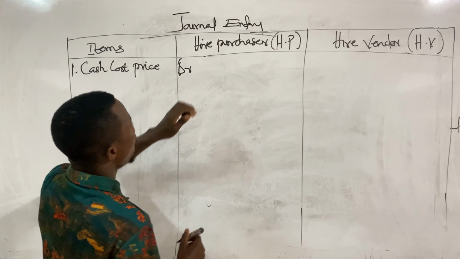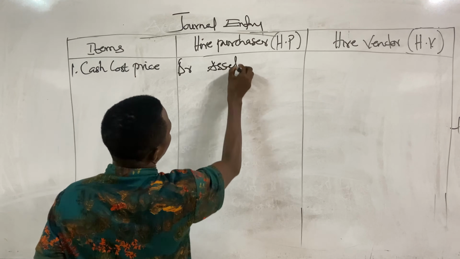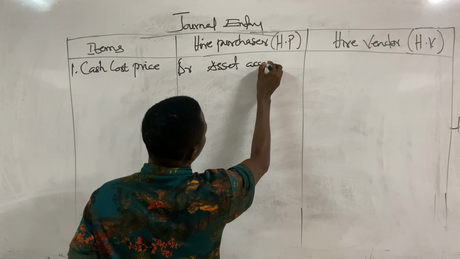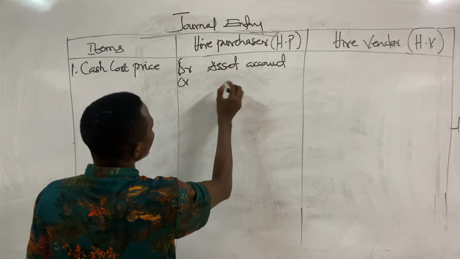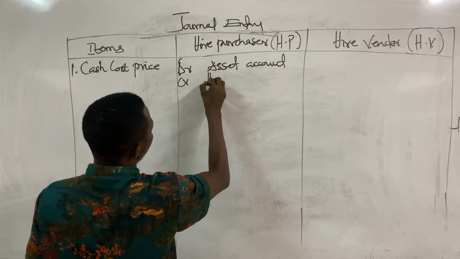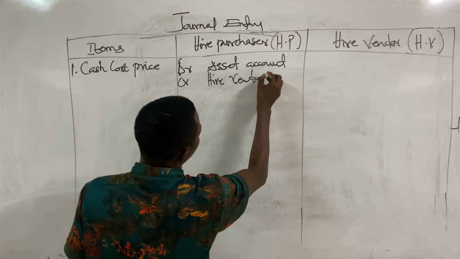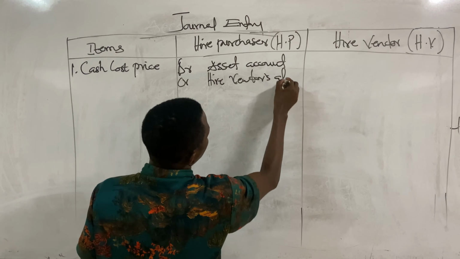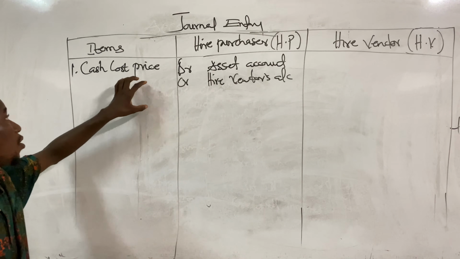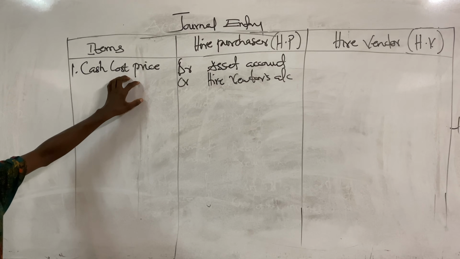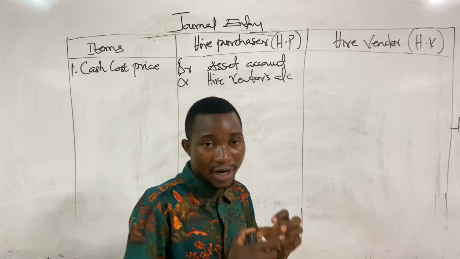We debit the asset account, then we credit the hire vendor's account. This is the double entry, or the journal entry, for the cost price of the assets being purchased on the hire purchase system.